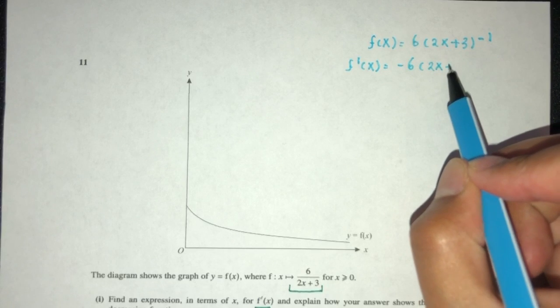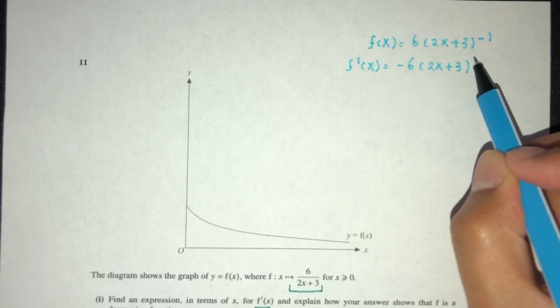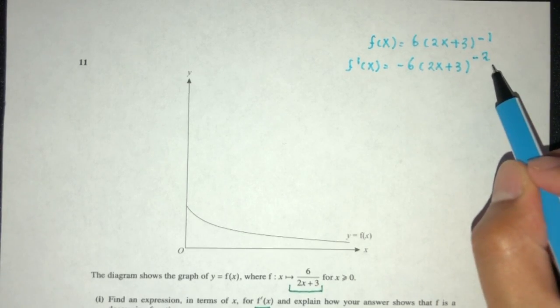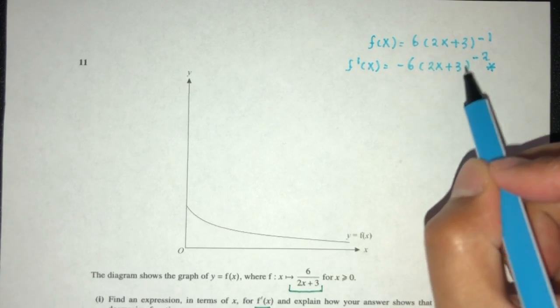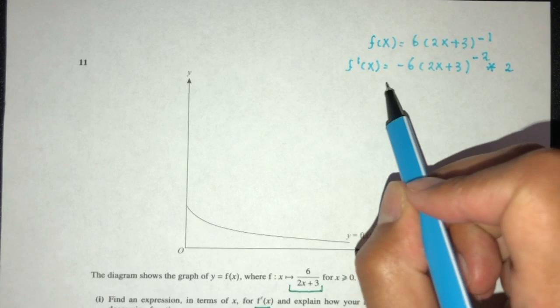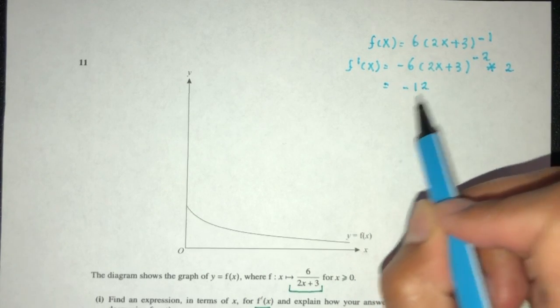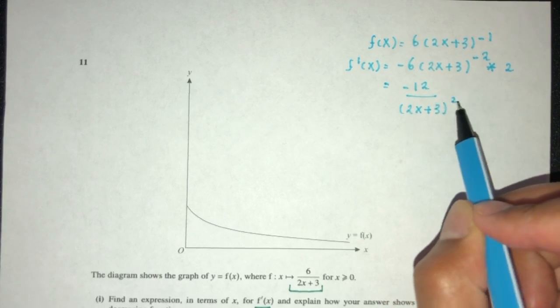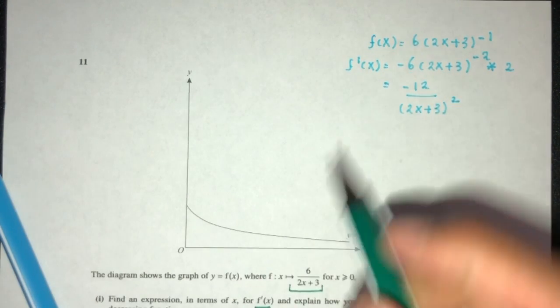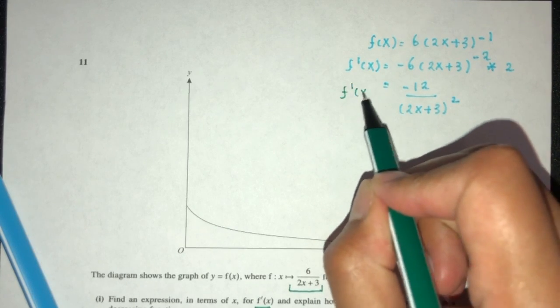Then we have 2x plus 3 obviously, and then we decrease the power by 1, that should be minus 2. Then multiply by d by dx of the value inside, you have 2 here. So you have minus 12 over the value of this squared. This is your value of f prime of x.